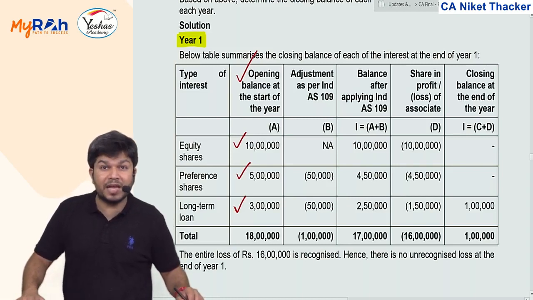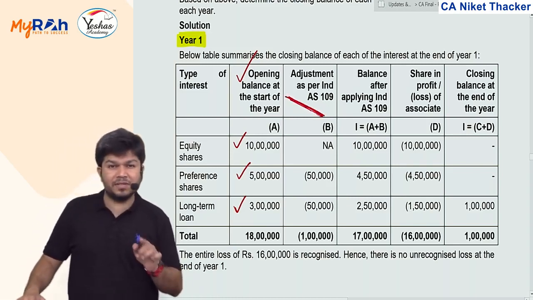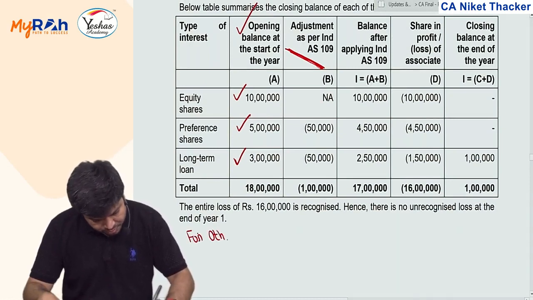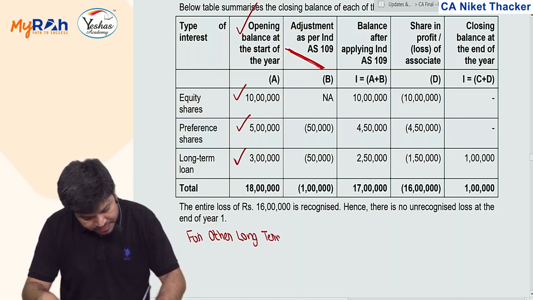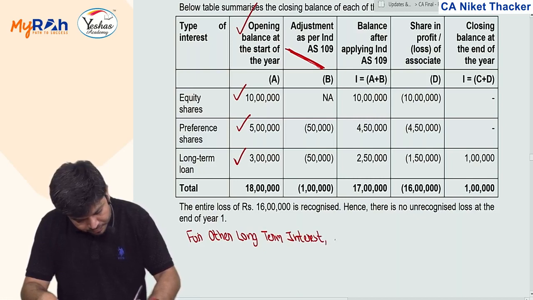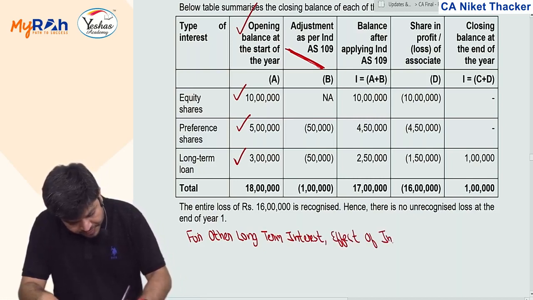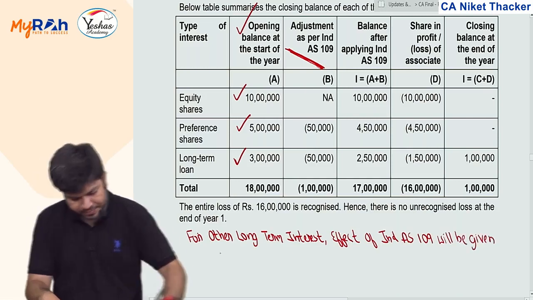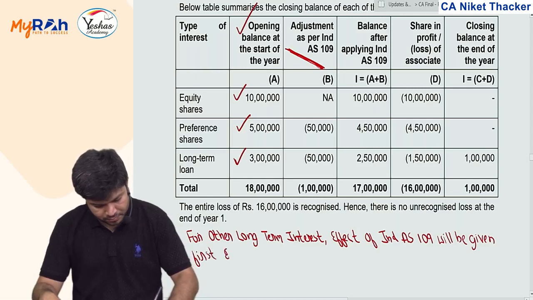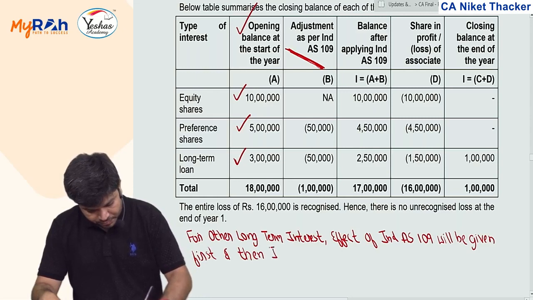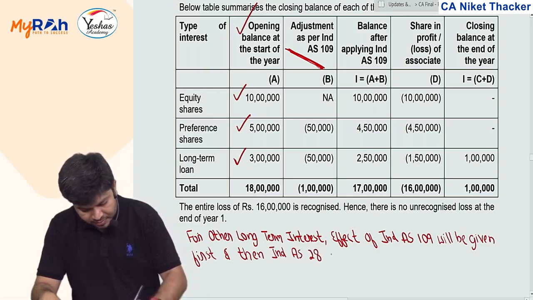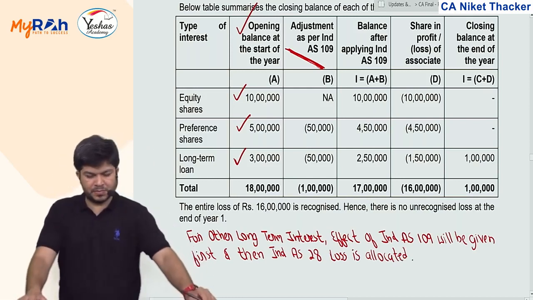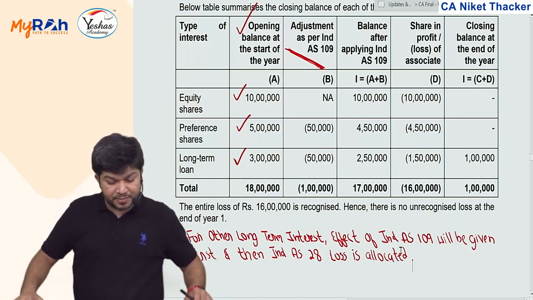The effect of Ind AS 109 will be given first, and then the Ind AS 28 loss is allocated. So, adjustment as per Ind AS 109.